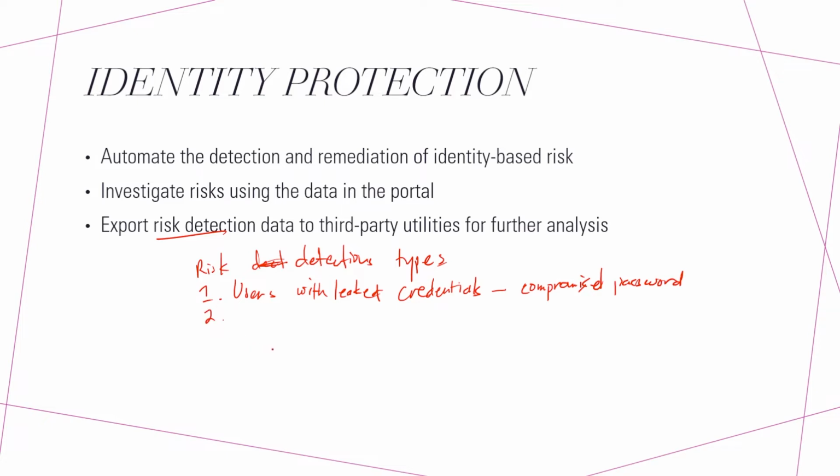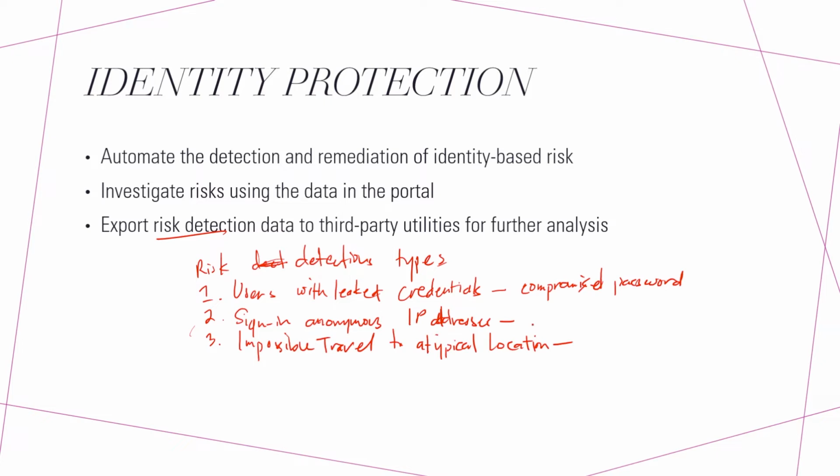The next type is sign-in from anonymous IP addresses. These are identities where users have successfully signed in from an IP address that has been identified as an anonymous IP address. The third type is impossible travel to atypical location. This risk detection type identifies two sign-ins originating from geographically distant locations where at least one of the locations may also be atypical for the user given past behavior.